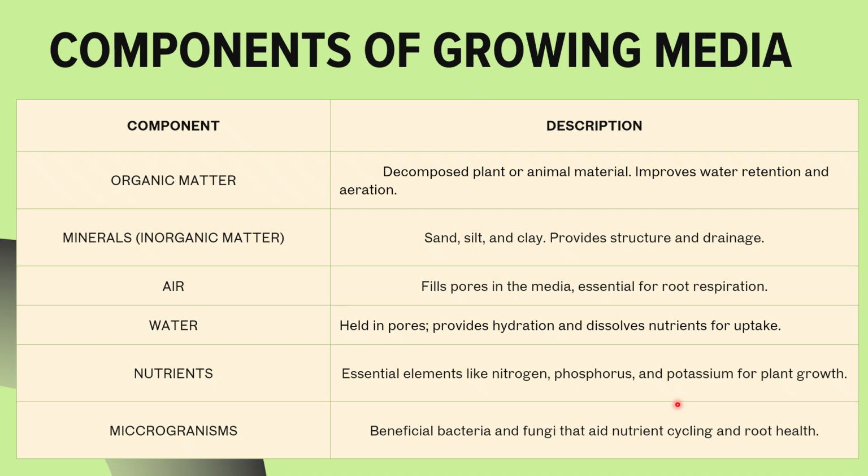And last but not least, microorganisms. So the word in this case, micro, refers to small, and organisms refers to living beings, in this case living biotic factors. So with these small microorganisms, guess what they're gonna do?